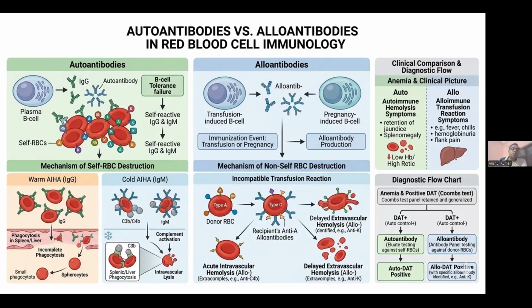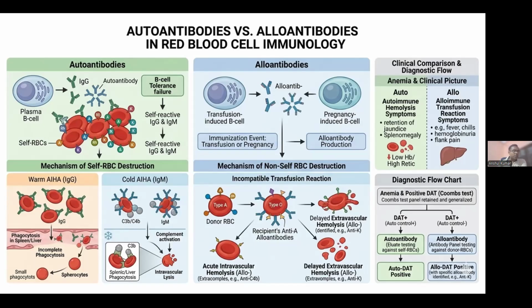This is also called RhoGAM, and Rh immunoglobulin is routinely administered via intramuscular injection at 28 weeks of pregnancy, then within 72 hours of birth, and as needed if there is concern for feto-maternal hemorrhage.